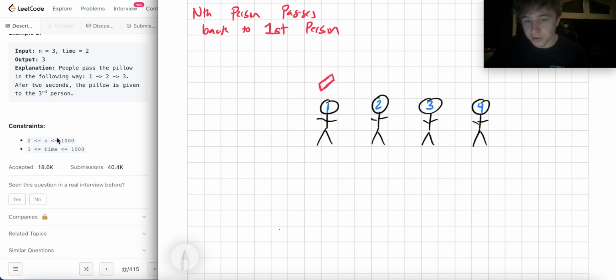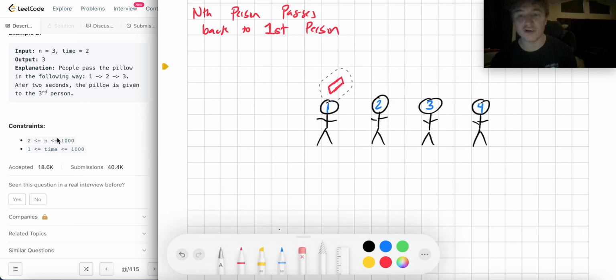And then 1 to 2, and 2 to 3, and 3 to 4, and then lobbed it back to 1, right? So what would the problem look like then? How could you easily solve it if it wasn't the case that we go all the way to the right, then back left, then back right? Instead, we go all the way to the right, then we restart, and we go all the way to the right, and we restart every single throw, every single pass at every second, right?